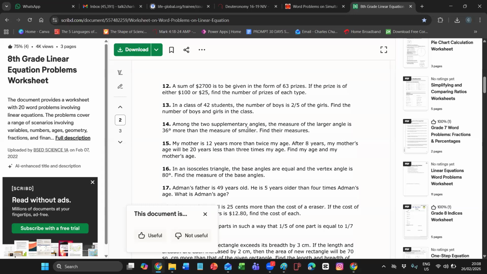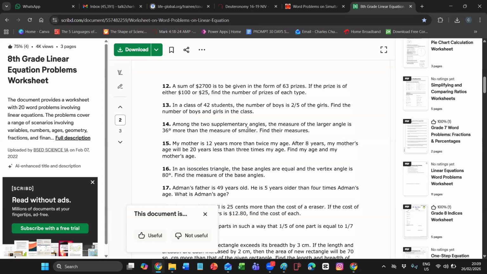So how do you see this kind of question? It says the total is supposed to be 2,700 and is to be given in the form of 63 prizes. And the prize is either $100 or $25.